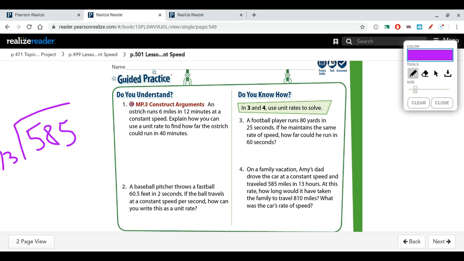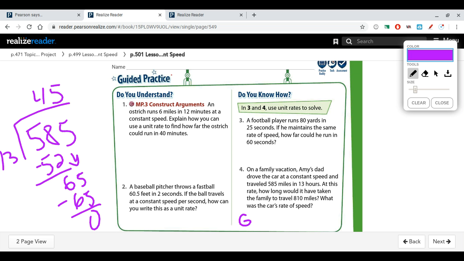So 13 is going to go into 58 4 times. That is going to be 52. I subtract, I have 6 left over. I bring down the 5. 13 is going to go into 65 5 times. That's 65. Subtract, 0. So my unit rate is going to be 45 miles per hour.